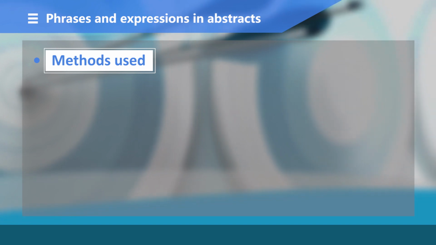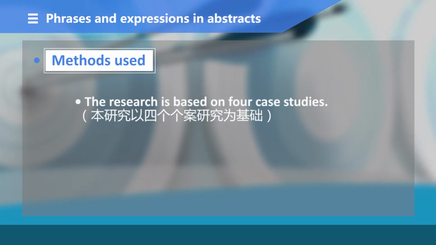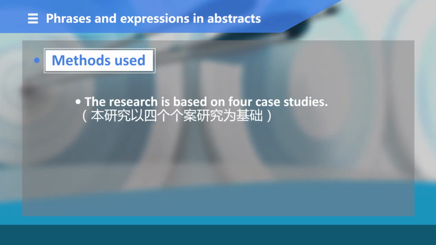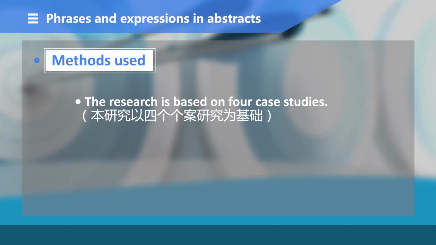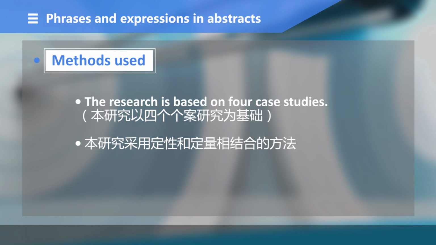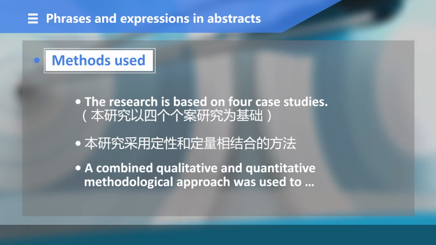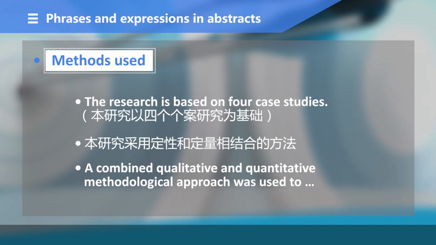When explaining the methods, we may use the research is based on 4 case studies. 本研究以4个个案研究为基础。或者中文我们常说本研究采用定性和定量相结合的方法，那英文就应该是 A combined qualitative and quantitative methodological approach was used to.